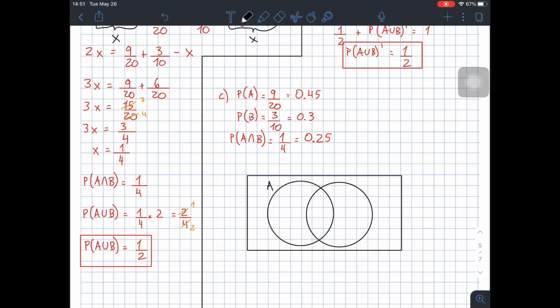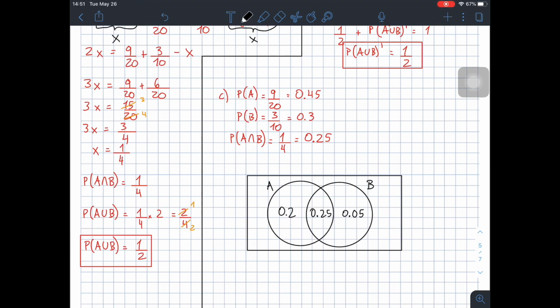So A and B. We already know the intersection is 0.25, so I'm going to write here 0.25. Then if all of A is 0.45 and I already have 0.25 in the middle, then what I have left is 0.2, which is 0.45 minus 0.25. And only B would be 0.05, because it's 0.3 minus 0.25.